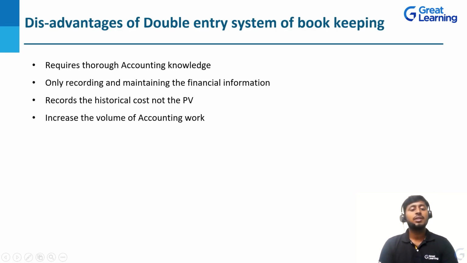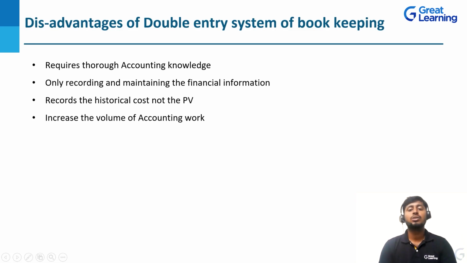Next, records the historical cost, not the present value or PV. PV stands for present value. For example, 1 year before we purchased plant and machinery, they are going to record that plant and machinery at whatever we paid at that time, correct? The same value we are going to maintain in our balance sheet, but we are not going to maintain the present value of the asset.